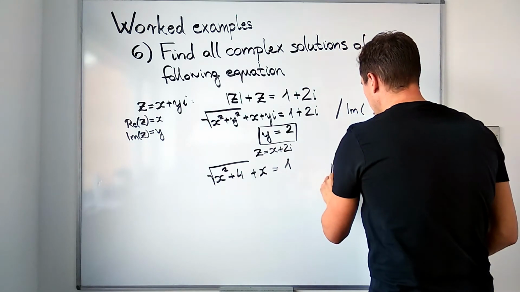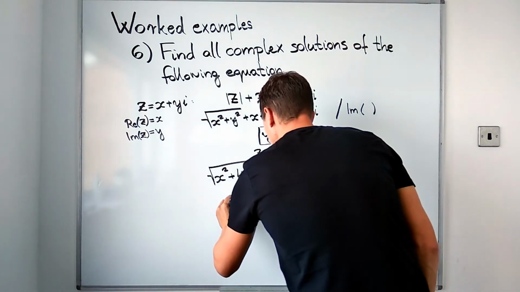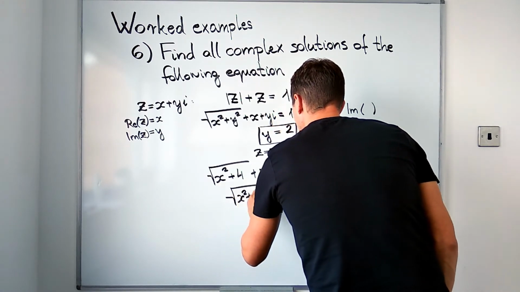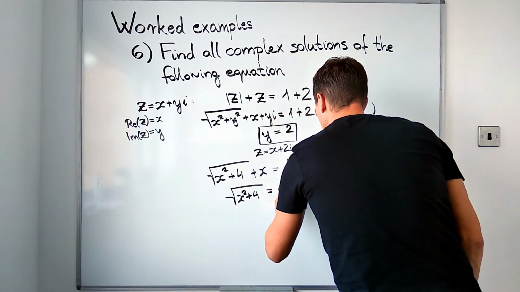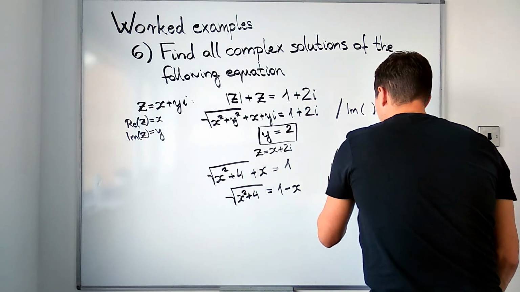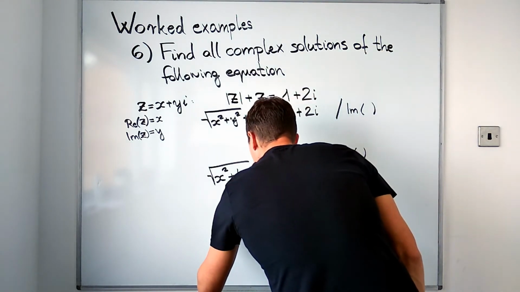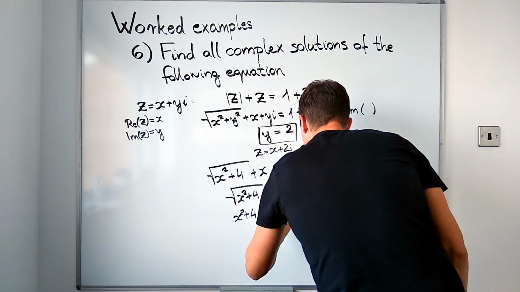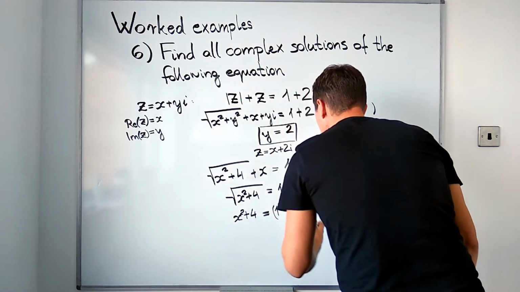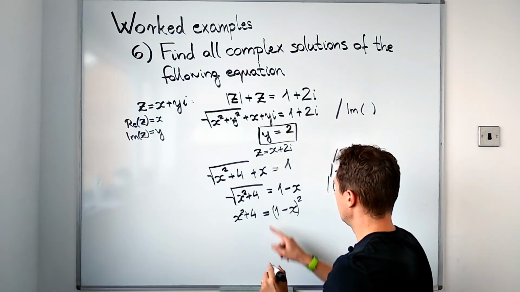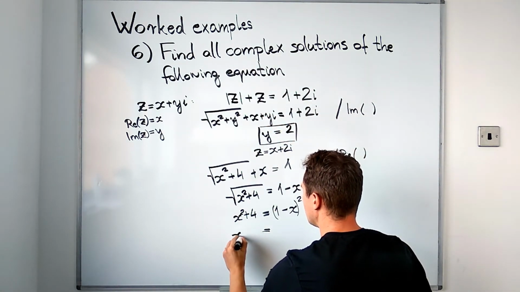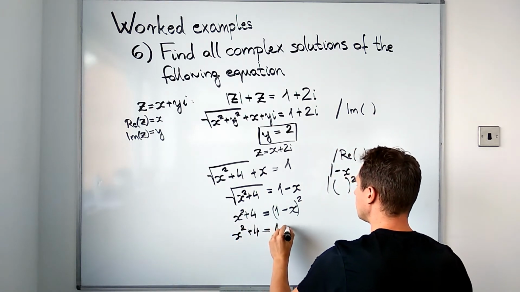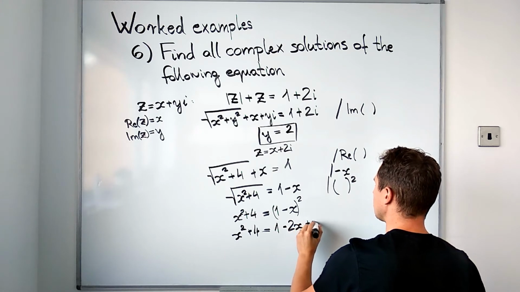Let's subtract x from both sides to get the square root of x squared plus 4 equal to 1 minus x. Now let's square both sides to get x squared plus 4 equals 1 minus x squared. Expanding the right-hand side, we get x squared plus 4 equals 1 minus 2x plus x squared.